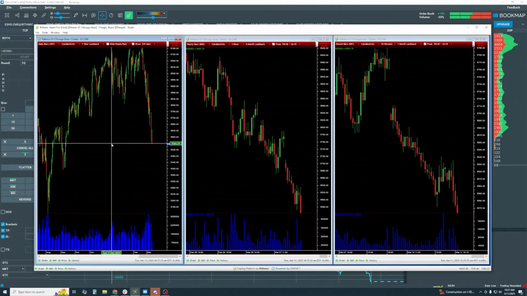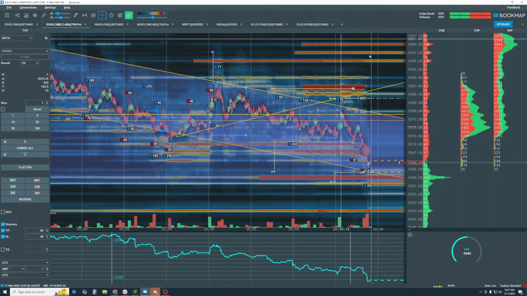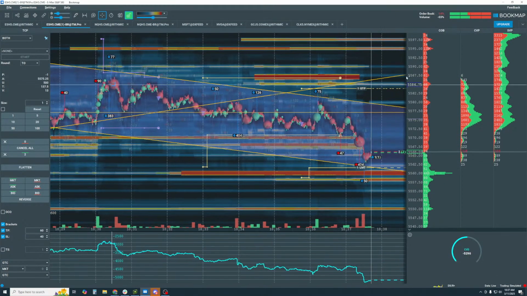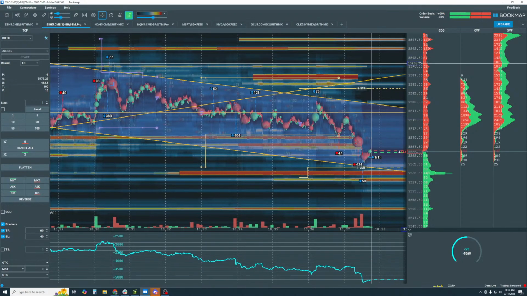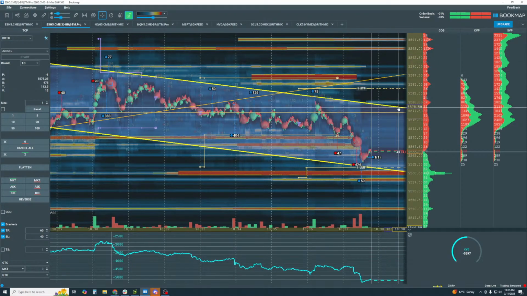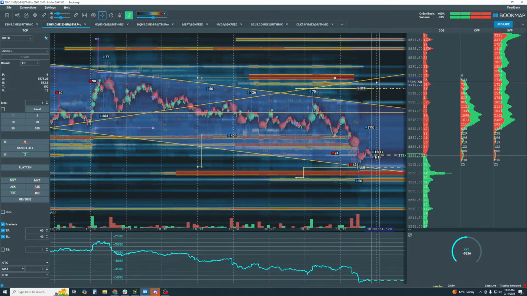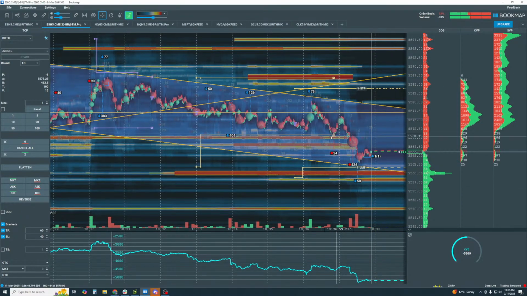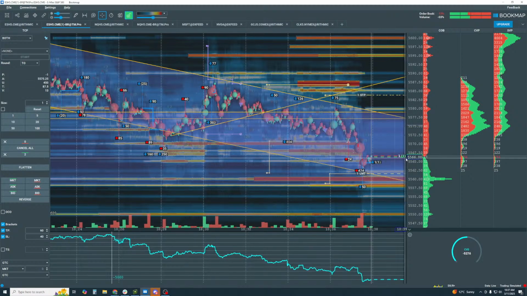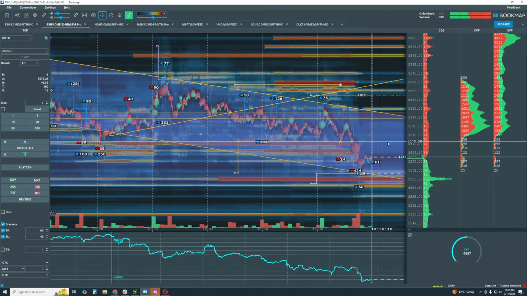Okay, kind of in the middle of nowhere here on the daily. There's a pretty big swing way down here, 5,400. Okay, well, we're just going to go with the trend line or this channel that we have here.